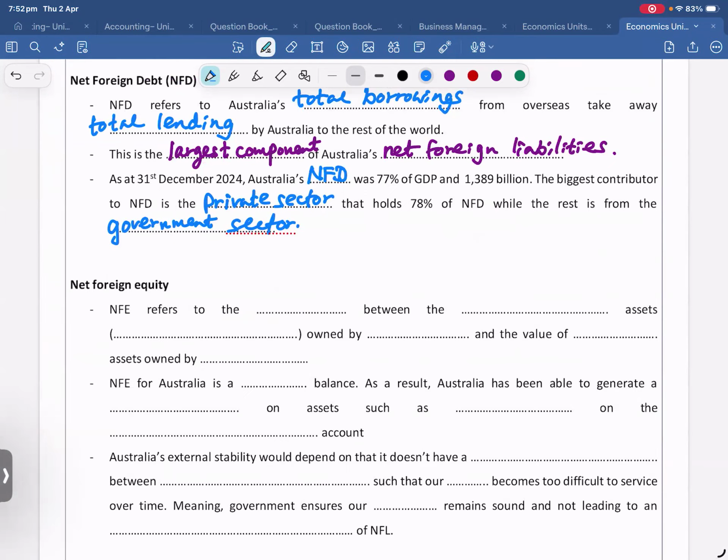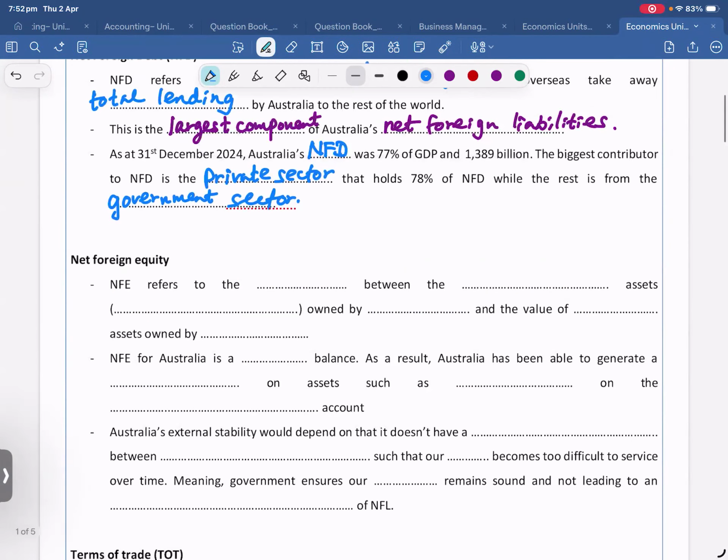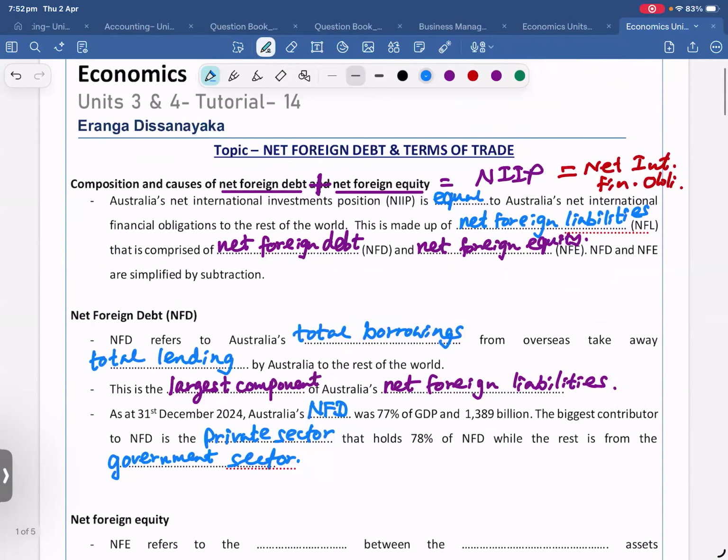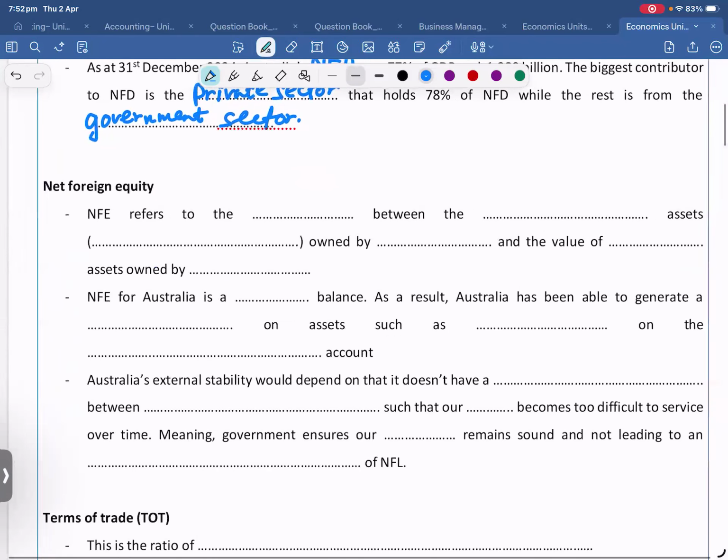Next one, guys, net foreign equity. I think now we'll write this one as well. After that, we'll discuss both together.